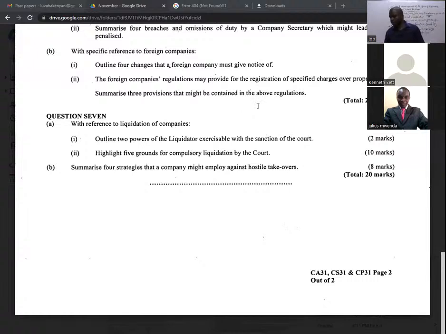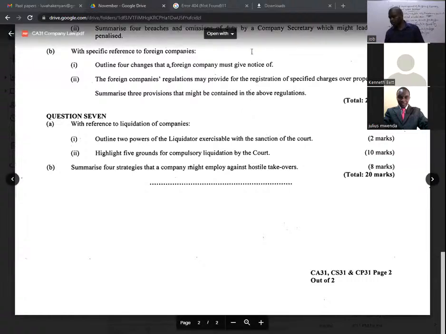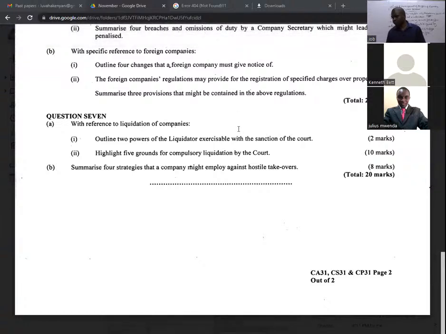So that is how a firm can avoid being taken over in a hostile way. Those are some of the strategies that can be deployed by a firm to avoid a hostile takeover. So it is from the topic of corporate restructuring.